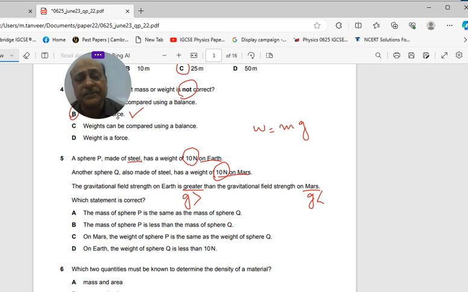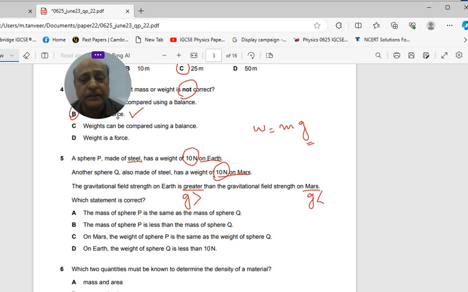Since the value of g is greater, if both spheres have same mass, then their weight will be different, since the value of g on Earth is greater and on Mars is less. So weight must be greater at Earth and less at Mars. But the situation is weight is 10 Newton on Earth as well as on Mars.